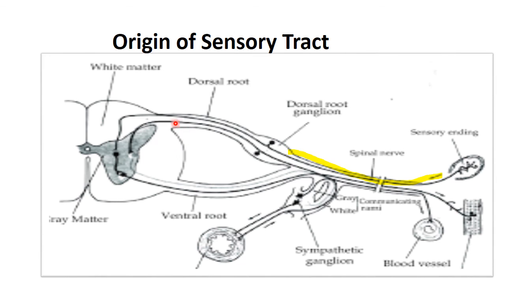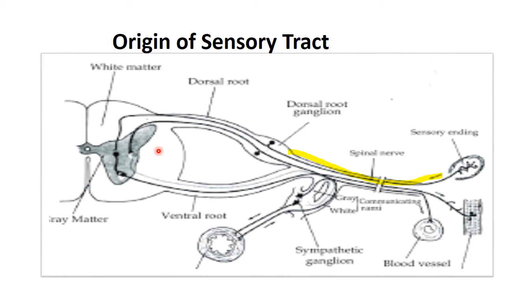So these constitute the ascending tract because after relaying here, the axons ascend to particular locations, and the same type of fibers group together and form the tract. So the sensory tracts are very specific in carrying the specific sensation. Labeled line principle follows here.